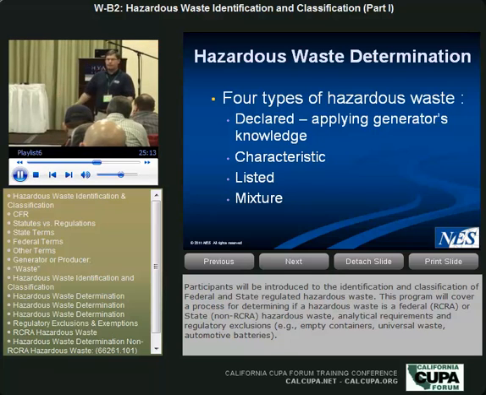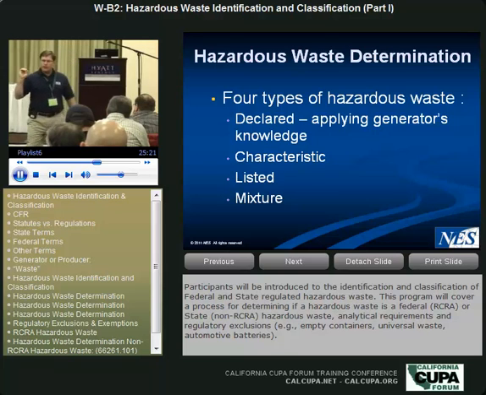It may be listed. If you look at the federal scheme of things, which we've yet to talk about, certain waste streams that come from a process are listed. And if they come from a process that's listed, that waste that's produced from that process is captured federally as a RCRA hazardous waste.